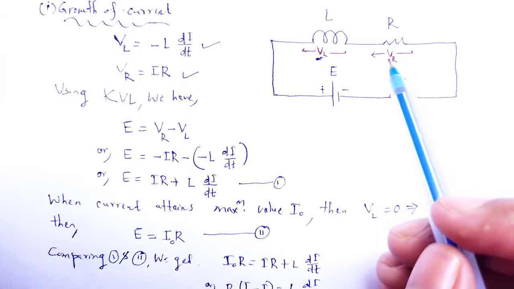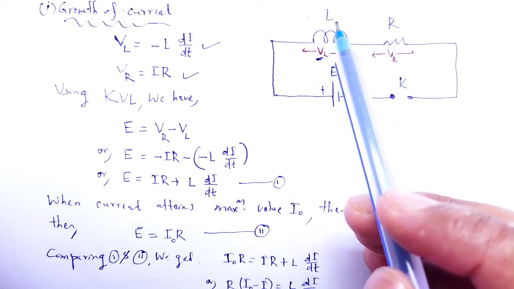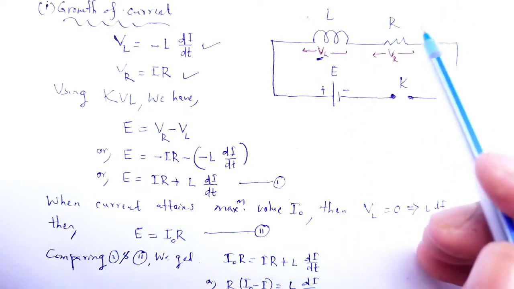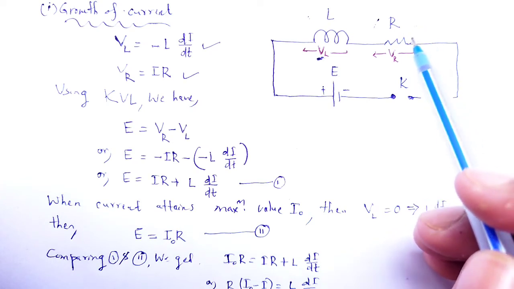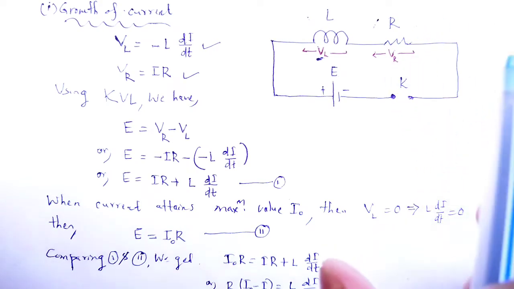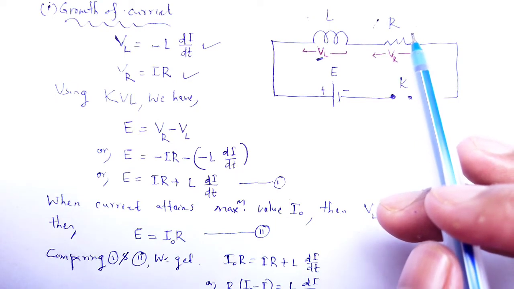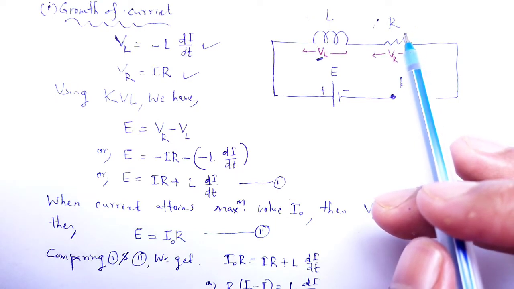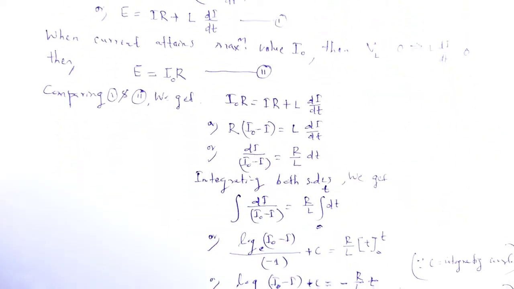So, the induced EMF in that inductance, that is minus L di by dt, produces a potential drop across that resistor which is equal to I into R. So, the current starts decaying from maximum value to 0. So, we can use the KVL here.